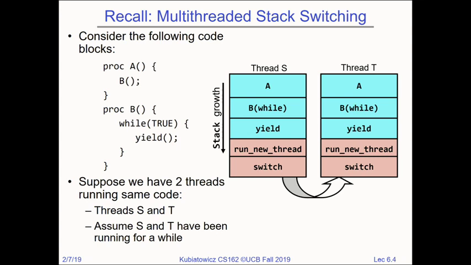Okay. Questions? Yeah. Why do we need to run two threads with the same code? Is this just an example, or typically in the real world, would you have thread S switch to something else to maintain parallelism? Well, this is clearly an example I picked to help explain what's going on.